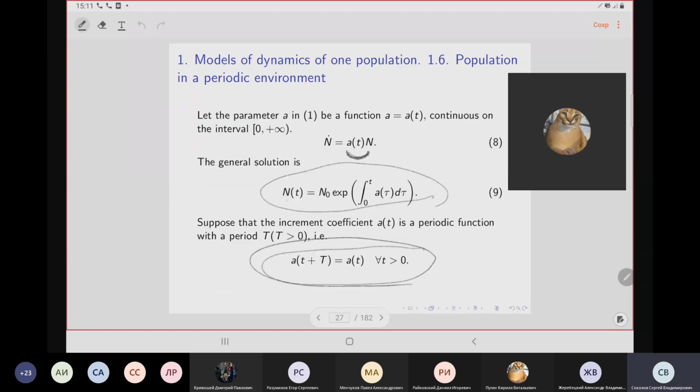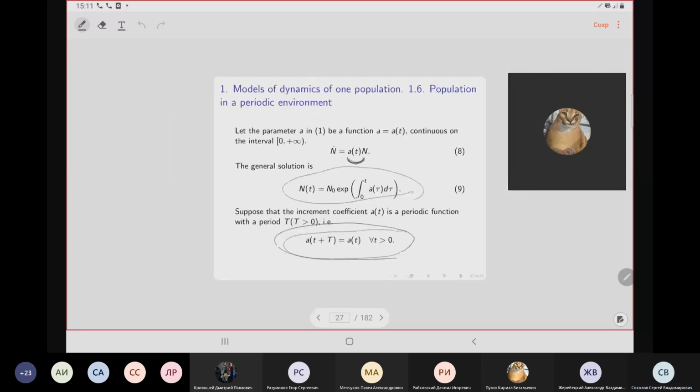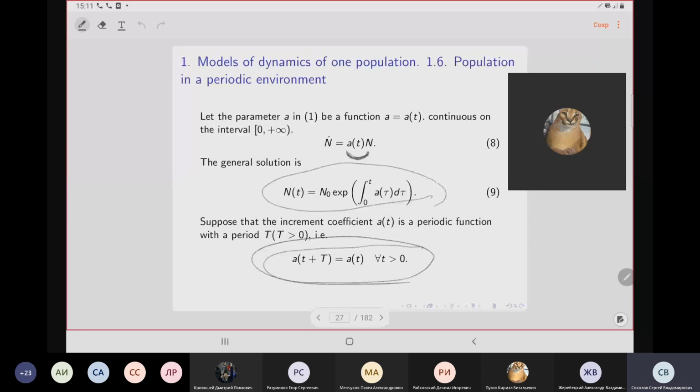If we substitute time with t plus big T, it is the exponent of an integral.